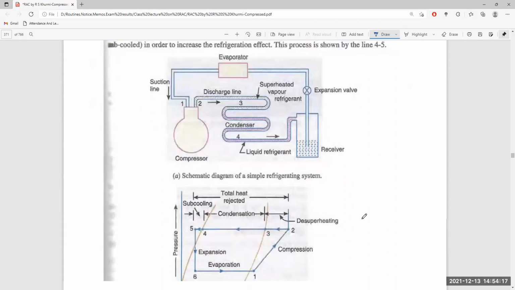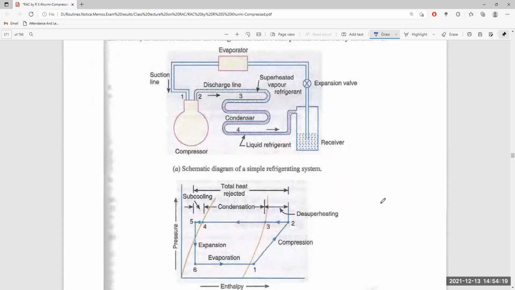Now, in the pressure-enthalpy diagram, what is shown here, from point 6 to point 1, is the evaporation process, where point 6 is in the wet vapor zone, where part of the refrigerant is converted into vapor and the rest remains liquid.